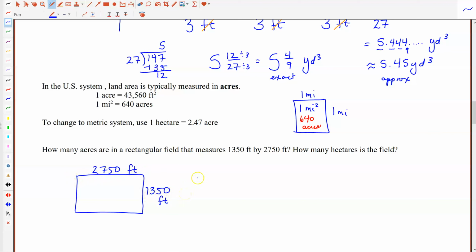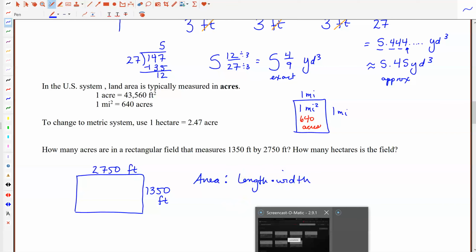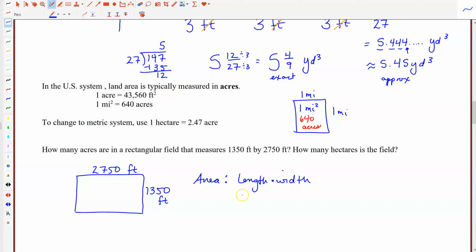If I want to find the area of this by doing its length times its width, that would be 2,750 times 1,350. Multiplying those two numbers, you get 3,712,500, and my units at that point in time would be in square feet.